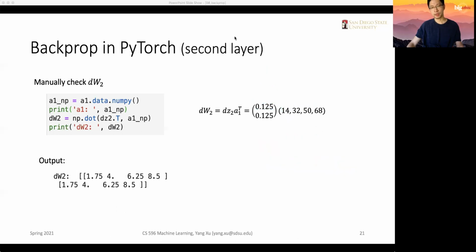So yeah, I think it will be really helpful to go through these practices by yourself. It lets you understand what's really going on within PyTorch after you call the backward function.